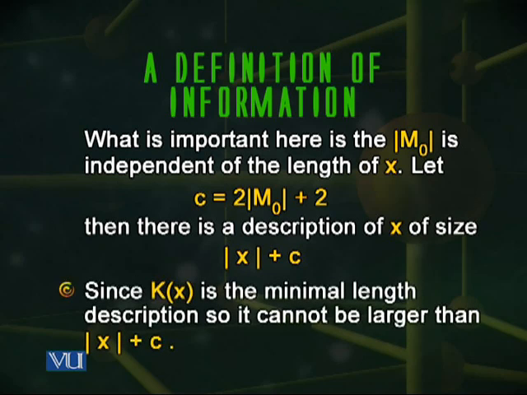And now, since K of x by definition is the shortest description, the shortest description cannot be longer than this particular description that we have described. And therefore, the length of the shortest description is less than or equal to the length of x plus this constant.